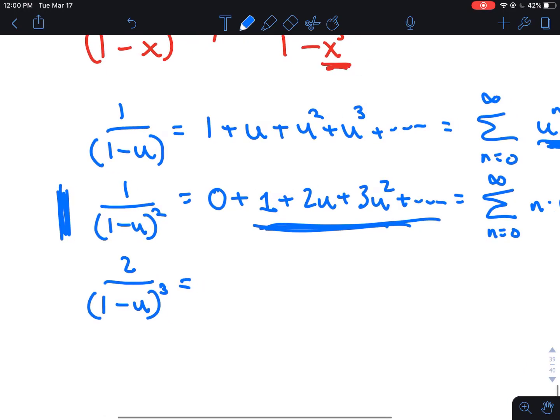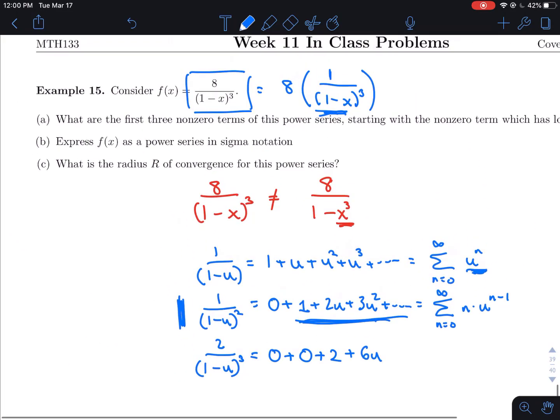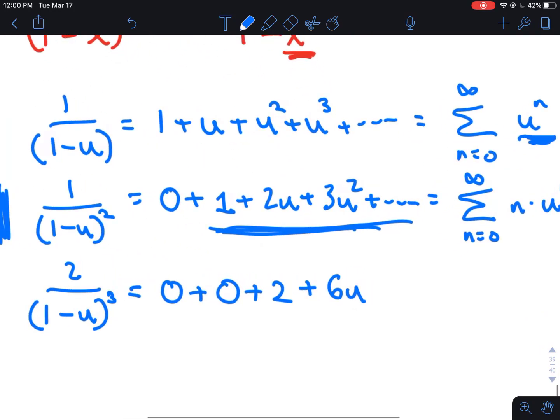And so let's go ahead. If I take the derivative in the middle here, the derivative of 0 is just 0. Derivative of 1 is 0. Derivative of 2u is going to be 2. Derivative of 3u squared is going to be 6u. Oh, you know what? I'm realizing that it says we want the first 3 non-zero terms. Well, I've taken so many derivatives that now I only have 2 non-zero terms.